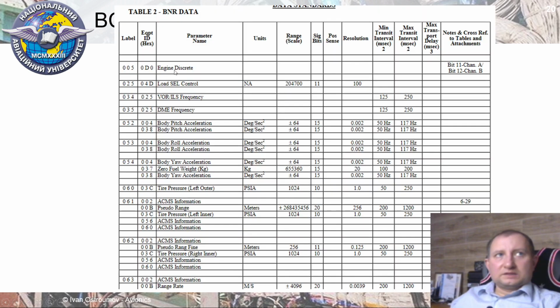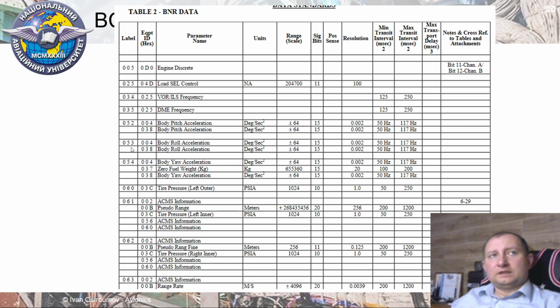The same thing we have for any other parameters, like, for example, maybe acceleration. We see units of measurement, we see scale, and we see the frequency of generation of this data and resolution, and also the label, which is used in the label field.